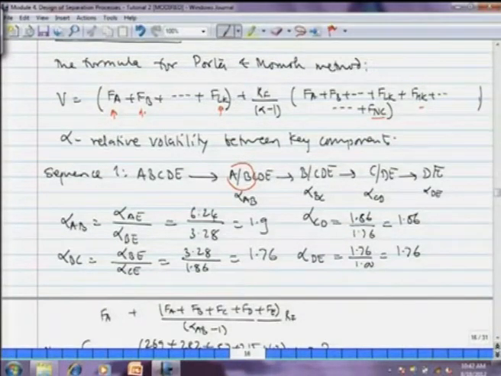Alpha AE is 6.24, alpha BE is 3.28. So, alpha AB becomes 1.9. Similarly, alpha BC is alpha BE divided by alpha CE, that becomes 3.28 divided by 1.86, so 1.76. Alpha CD is alpha CE divided by alpha DE, that is 1.86 divided by 1.76, that is 1.06, and alpha DE is 1.76, that is straightforward.